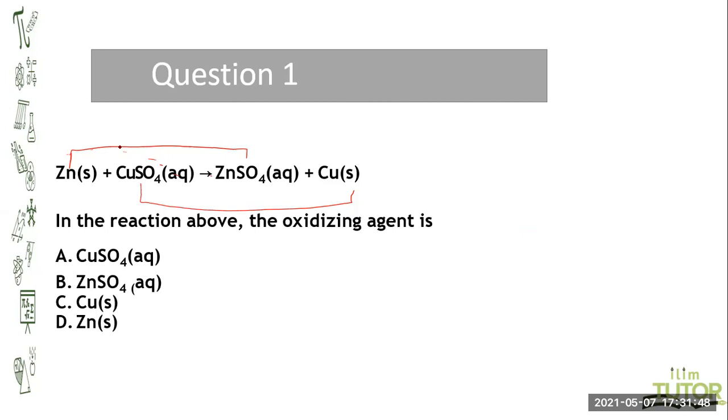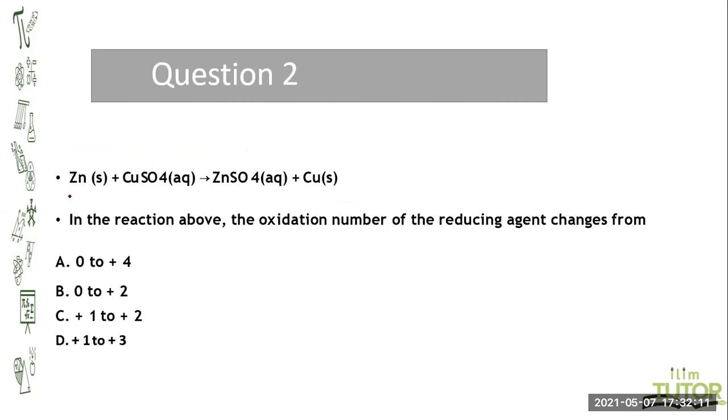So I know that oxygen has been added to zinc, so it's oxidation. Oxygen has been removed from copper. This is reduction. So any substance that undergoes oxidation is a reducing agent. And we have also established that metals are reducing agents.